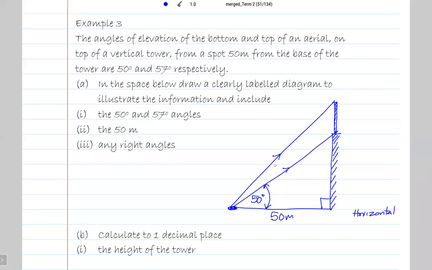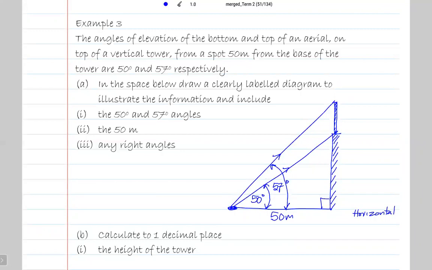Now, to represent the next one, I'm going to start at the horizontal and draw a curve until I come around to the line of sight. That angle here is 57 degrees. Angle of elevation is always between the horizontal and the line of sight. And the 57 degrees is the angle of elevation of the top of the aerial from the spot.